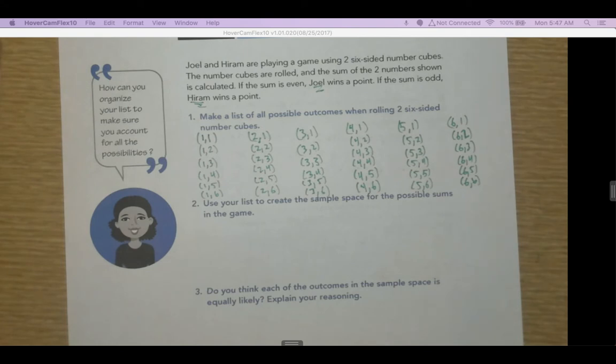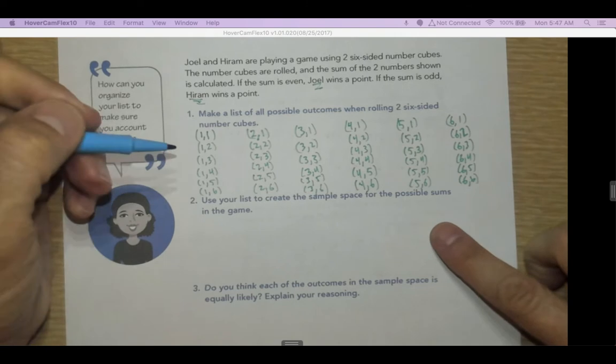All right, then create a sample space for the possible sums in the game.